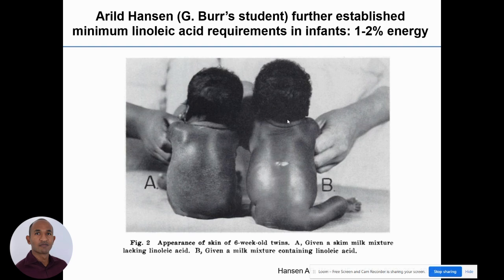On the other hand, on the right side, this child was initially deficient, but then LA was reintroduced in the diet. In doing so, growth became normal, and the skin lesions disappeared. So you can start to see that the dermatitis started to go away. And the authors concluded that LA is required at 1 to 2% of daily calories.